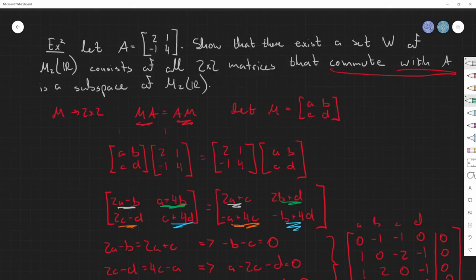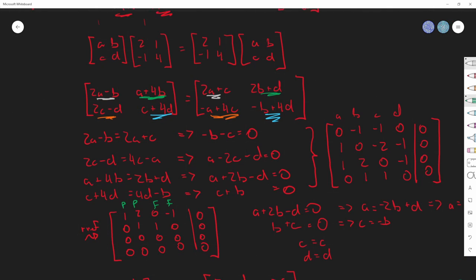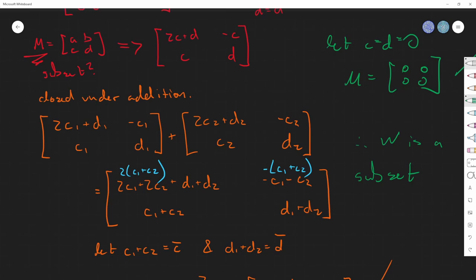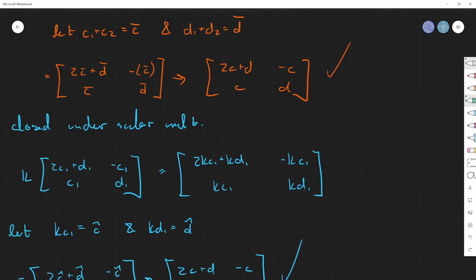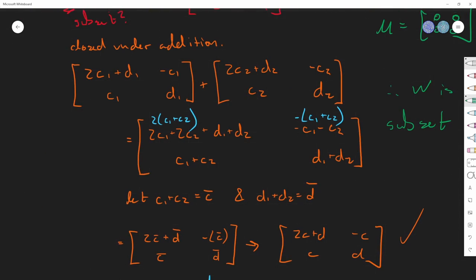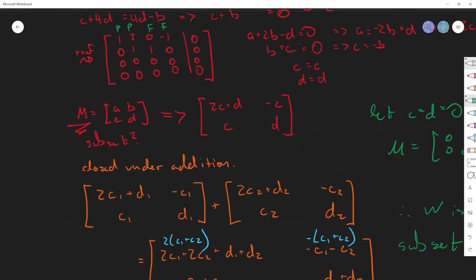If you want to find the bases, you could just use the same thing as we did in the previous example. We have C and D here in M, and all we have to do is factor those out.